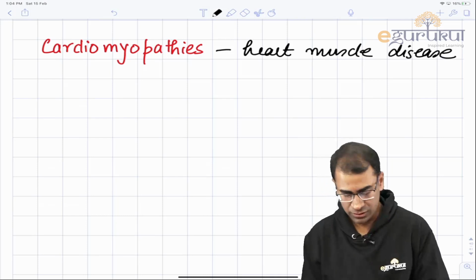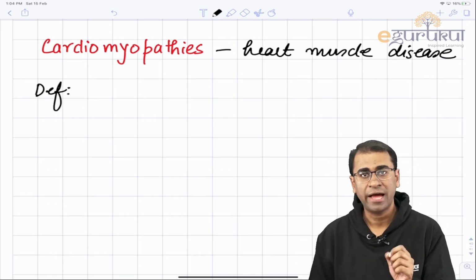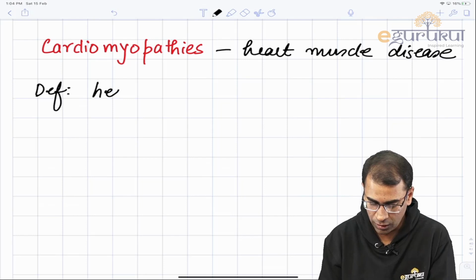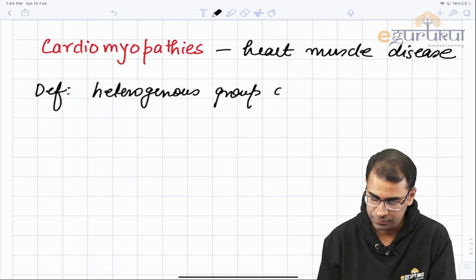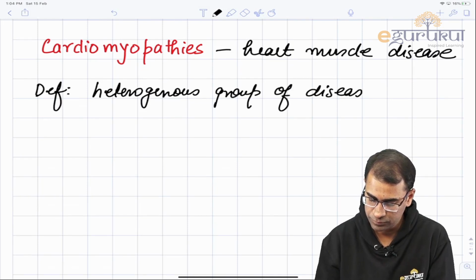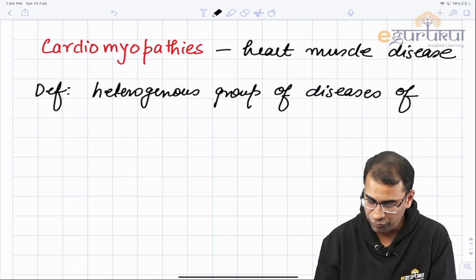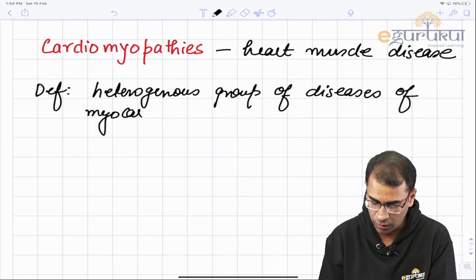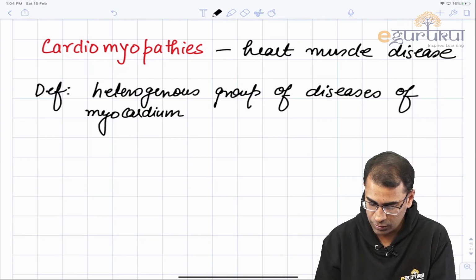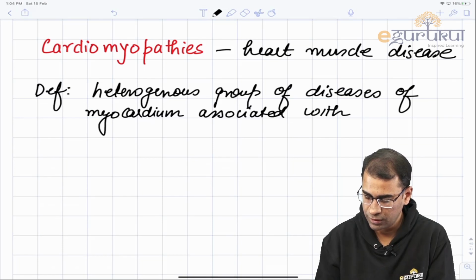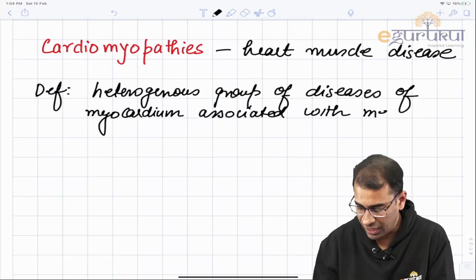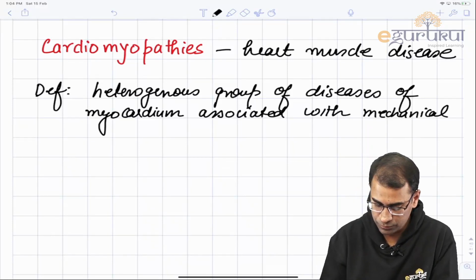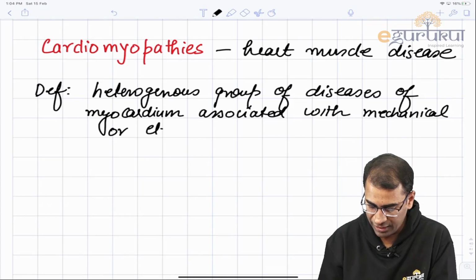But by definition, the word cardiomyopathies refers to a heterogeneous group of diseases of the myocardium associated with mechanical or electrical dysfunction. It can be either mechanical or electrical dysfunction.